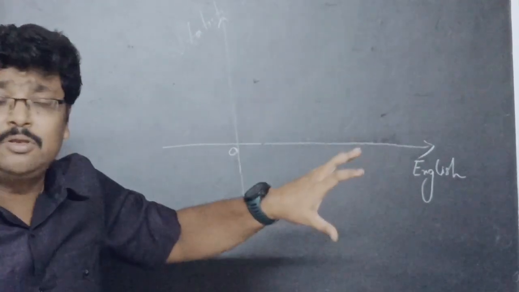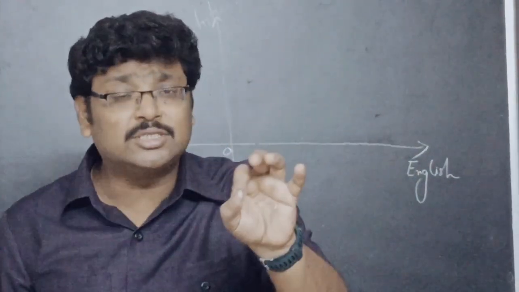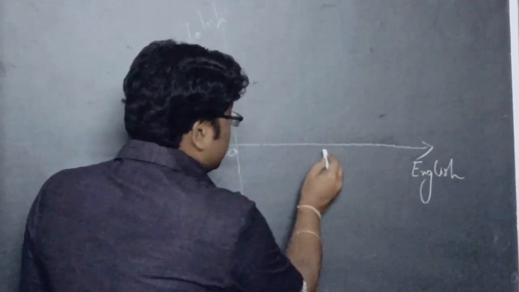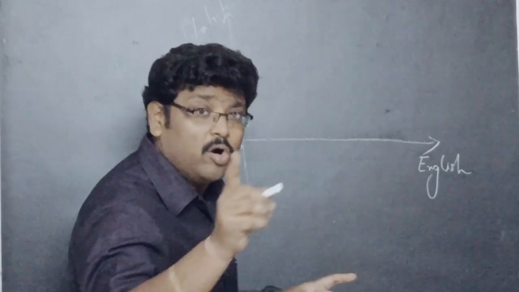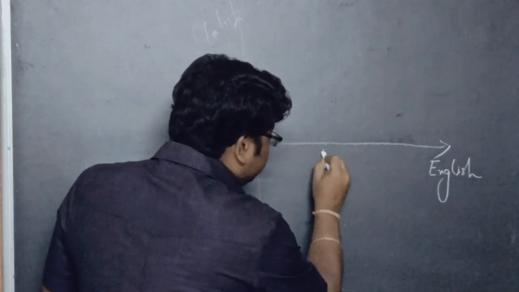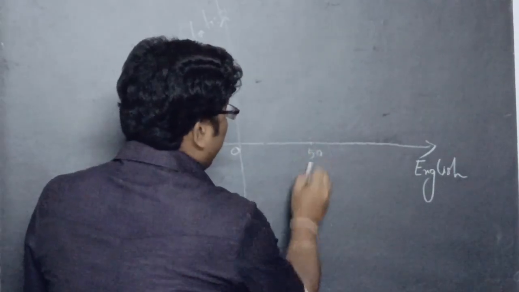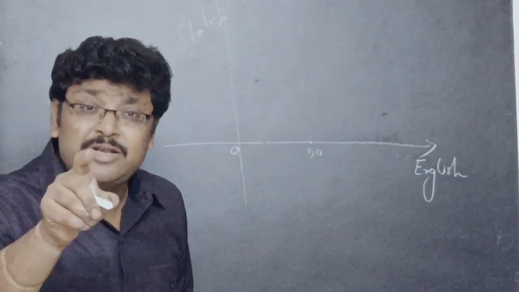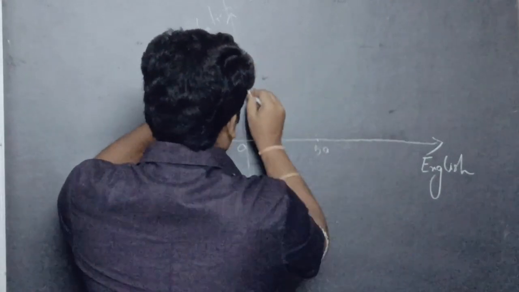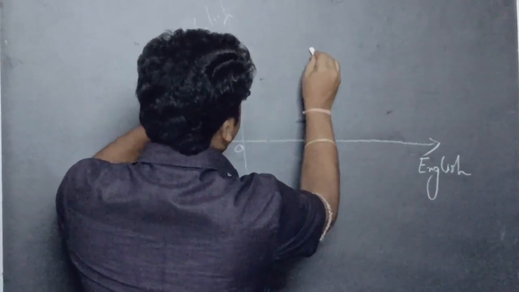There is an examination, and in that examination some students obtained some marks, as I have mentioned. So a particular boy in a school got, for example, 50 marks in English, and he got 70 marks in statistics. So this is 50 and this is 70.